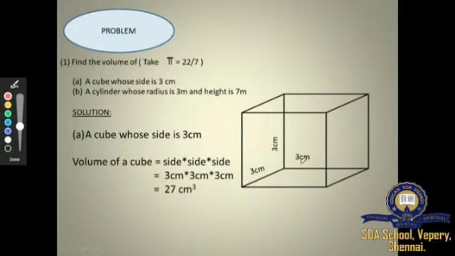The volume of the cube is equal to side into side into side, which is equal to 3 into 3 into 3. 3 threes are 9, 9 threes are 27. So the volume of the given cube is 27 meter cube.